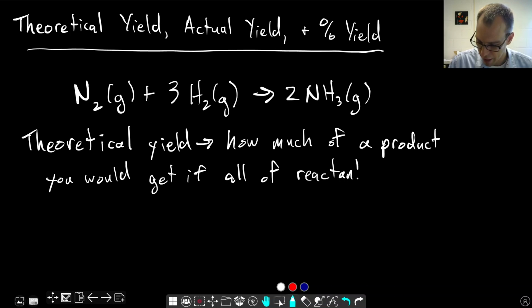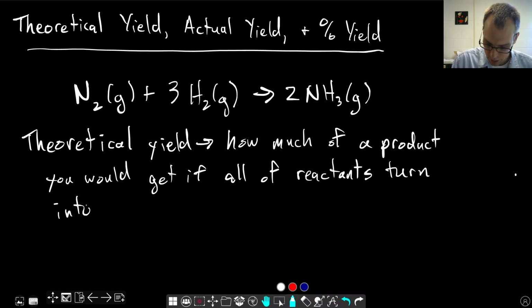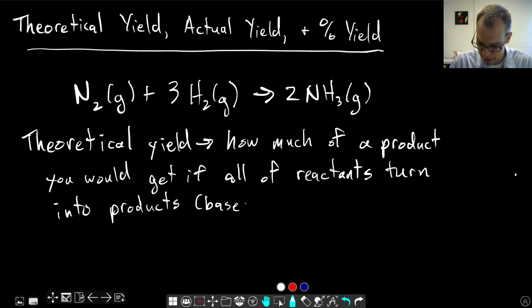Now I will put a caveat on here and say that you do still have to take into account limiting reactants. So your theoretical yield is going to be based on the limiting reactant.